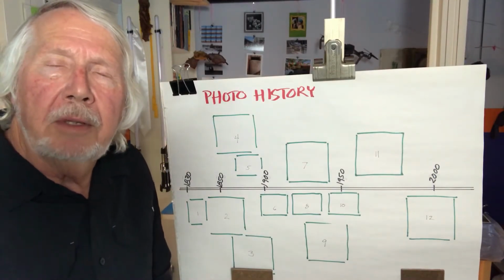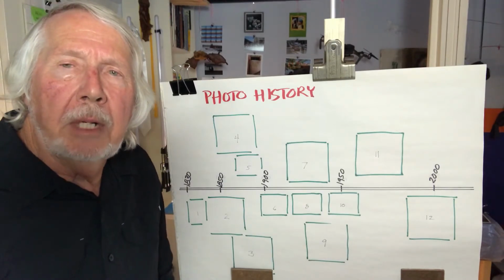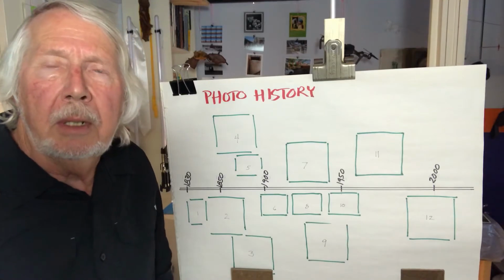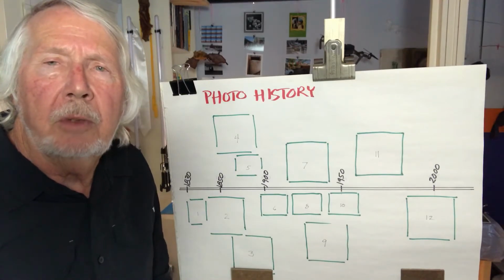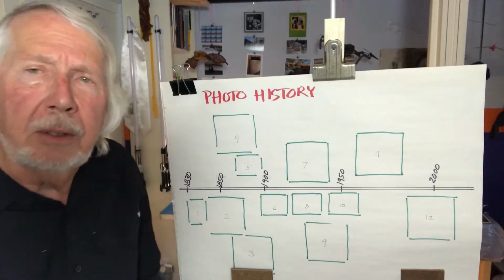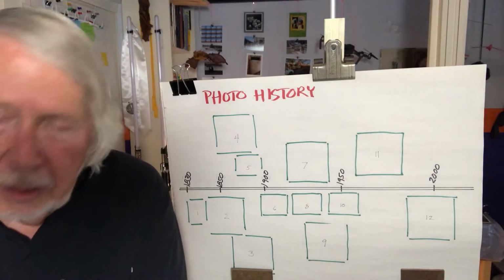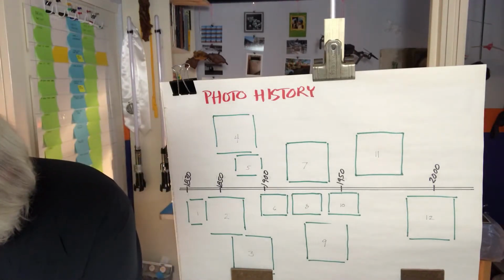And I'm going to work with abbreviations here. I'll probably publish a little code to which ones are which. But we're going to start off with this thing called early experiments. And I'm just going to mark some things down here.